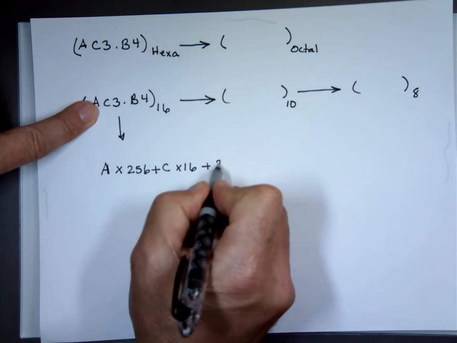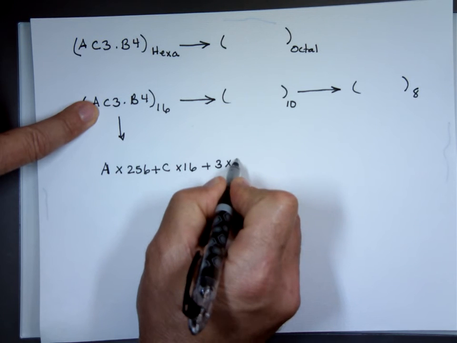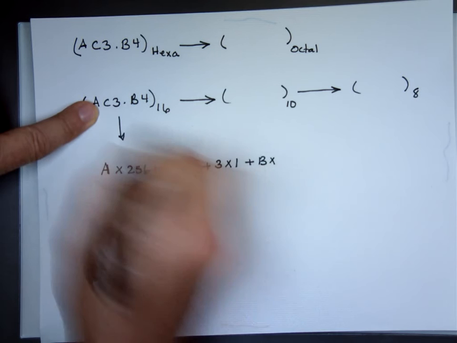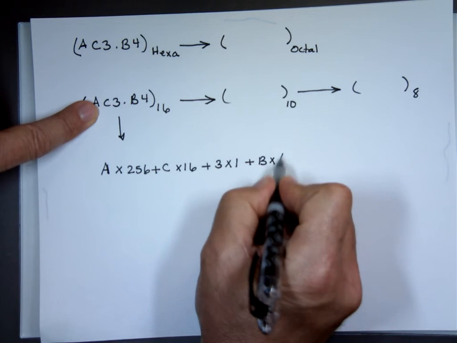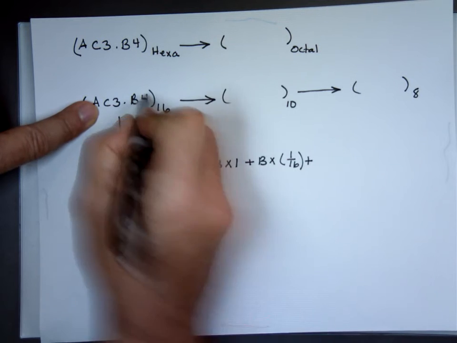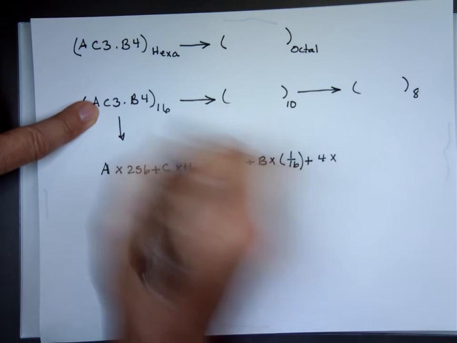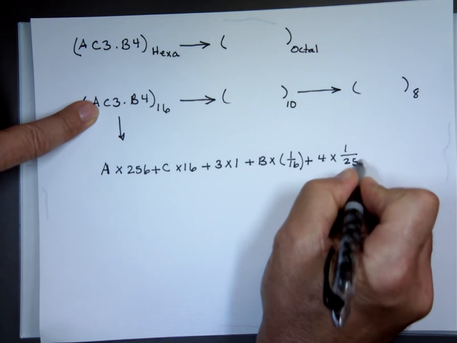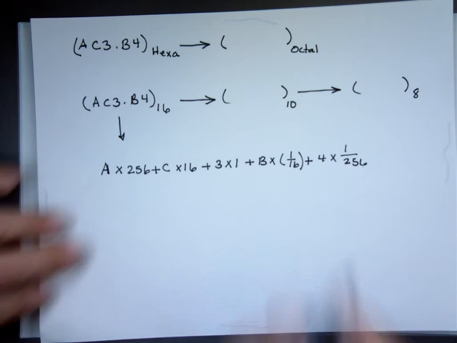Plus this times the weight of that, which is 16 to the 0, which is 1. Plus the B times the weight of that, which is 16 to the negative 1, that's 1/16. Plus 4 times the weight of this, which is 16 to the minus 2, which is 1 over 256. That's in base 10.